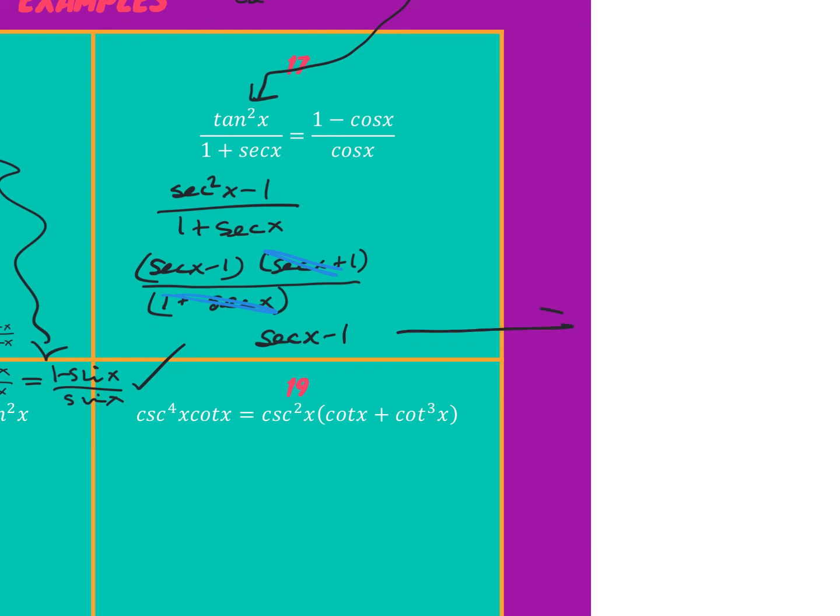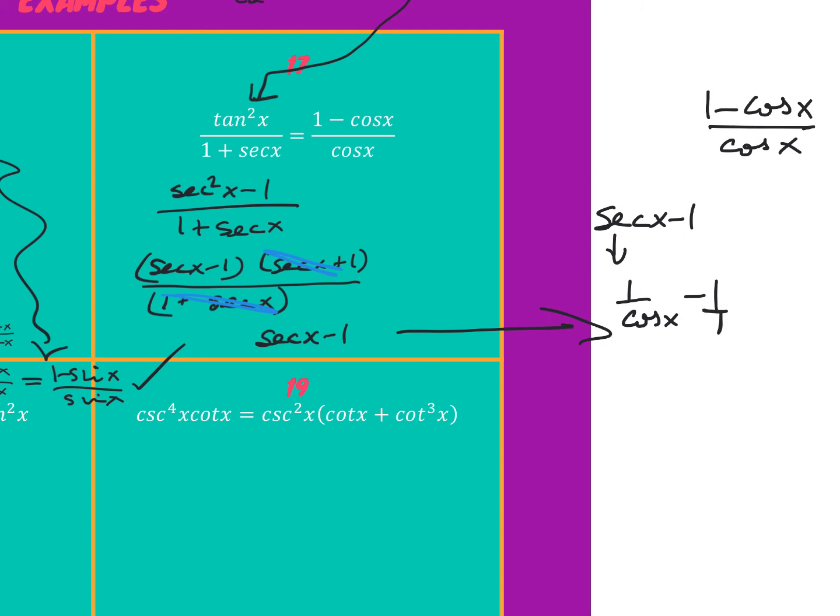Let me come over here so I have more room. So I'm down at this point now. My goal is to get it to this, 1 minus cosine x over cosine x. So I'm going to change this to its reciprocal, 1 over cosine x minus 1. Now I need to find a common denominator. It's going to be cosine.